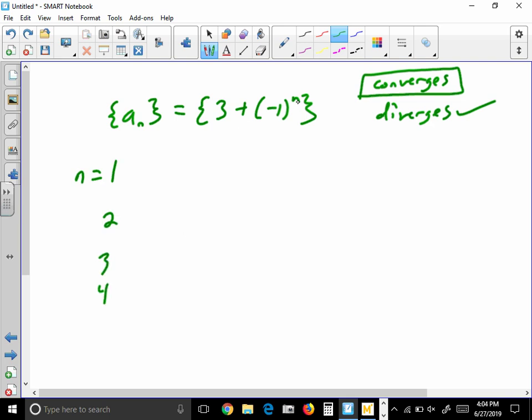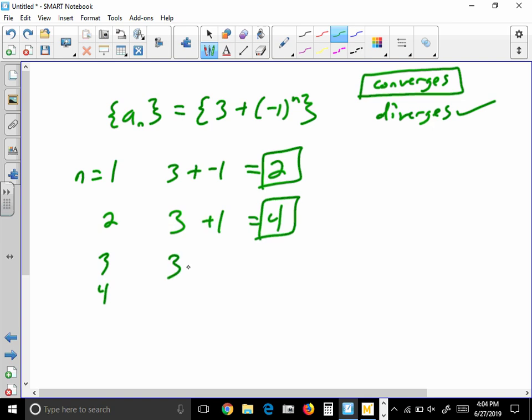When n equals 1, what is -1 to the first? -1. So the first term of the sequence is going to be 3 minus 1, which is 2. When n is 2, -1 to the second power is +1, so we're going to get 4.